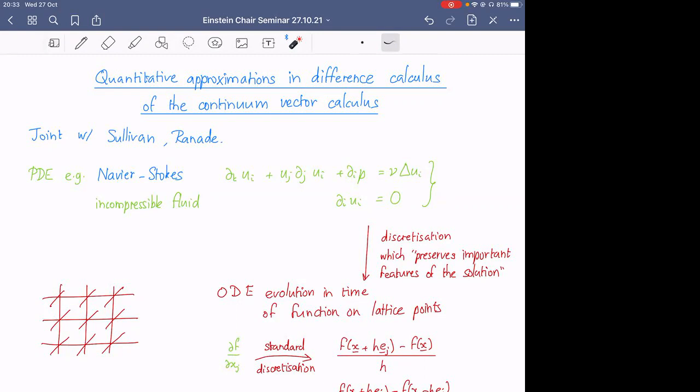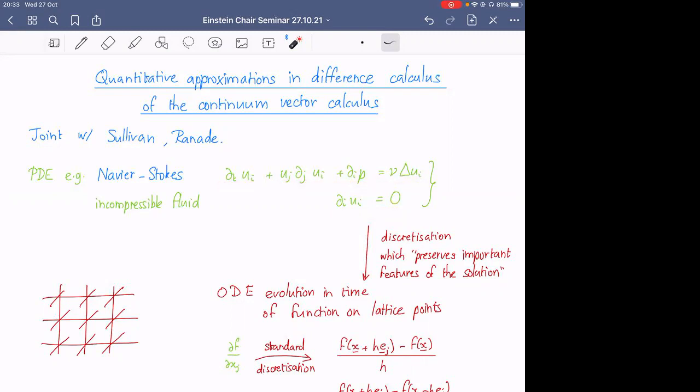I've just written down the usual form of Navier-Stokes for an incompressible fluid, just as an example.